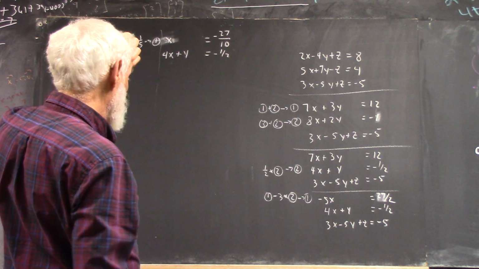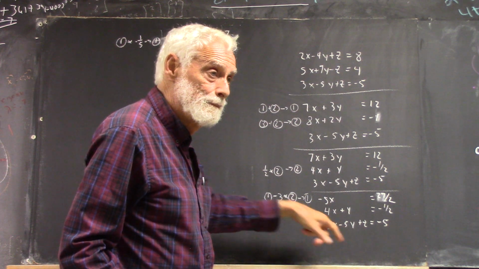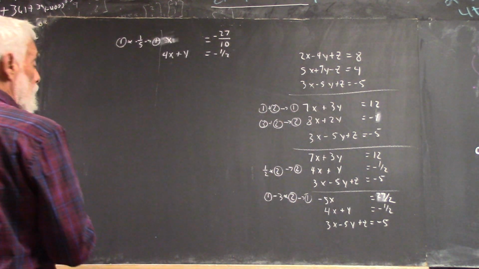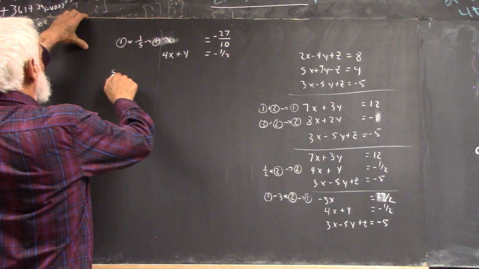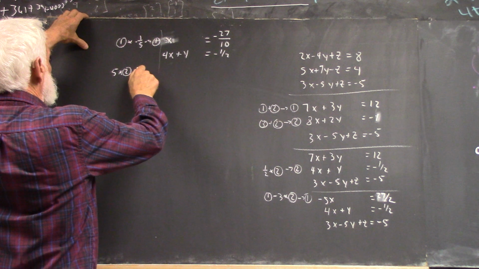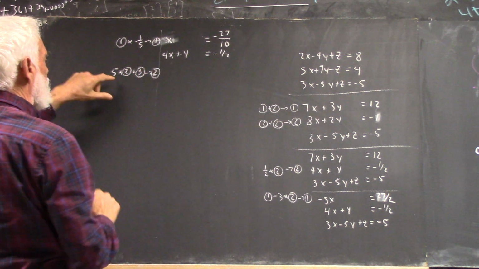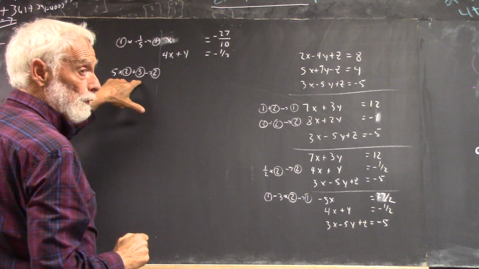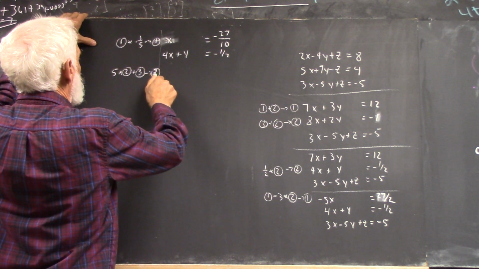I'm not going to do that now because I want to use this y to take care of this y. Okay? So I'm going to add 5 times equation 2 to equation 3, and that becomes my new equation 3.